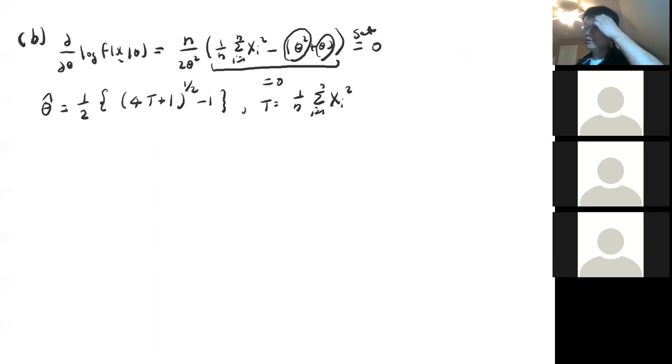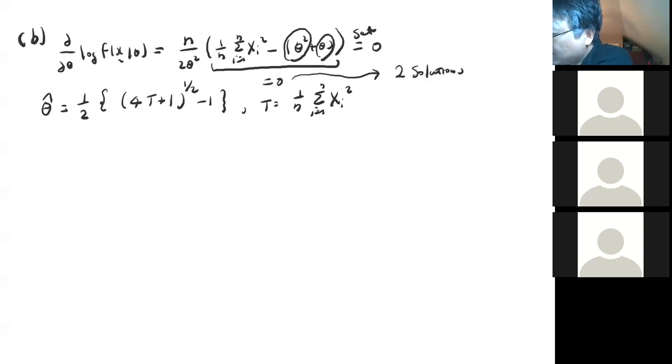One thing I do want to mention is that solving this equation, you do have 2 solutions, right? One is positive, one is negative. Then why do we get rid of this one? Why don't we use this?